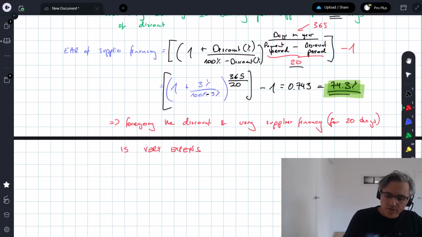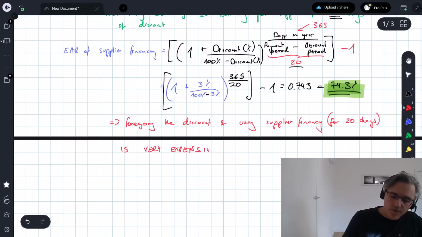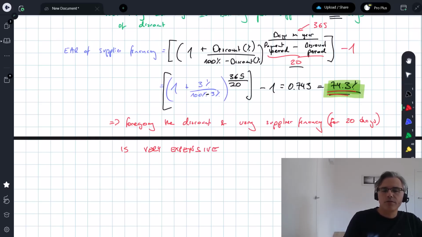Given what you give up or lose, the discount of 3%, this extra 20 days, when we annualize it, costs you 74.3%.